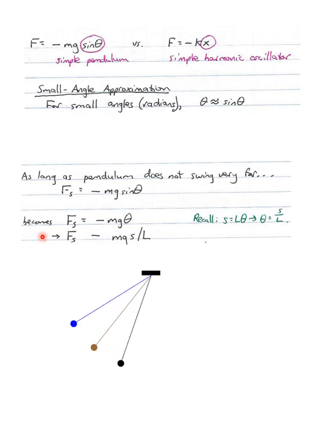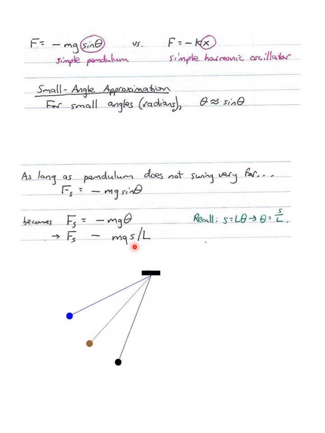Now, if we've made that small angle approximation, now it looks like a simple harmonic oscillator because the restoring force is negative times mg over L. Now that's just a constant based on the physical parameters of the pendulum, but times S, and that is the displacement, the arc length. So let's keep the angle small.